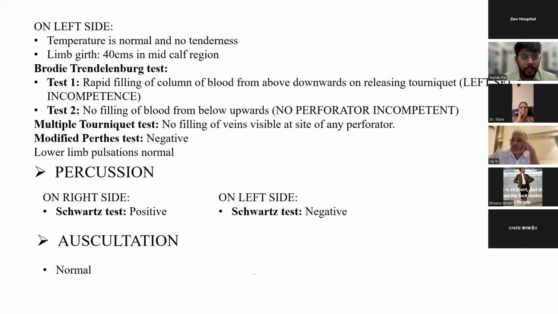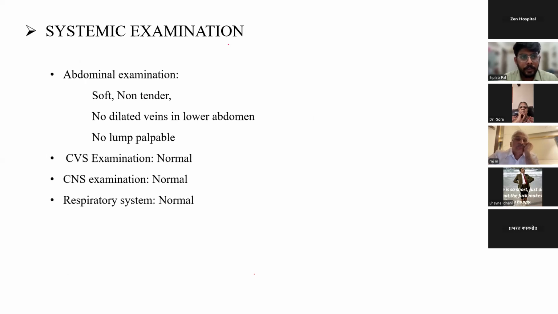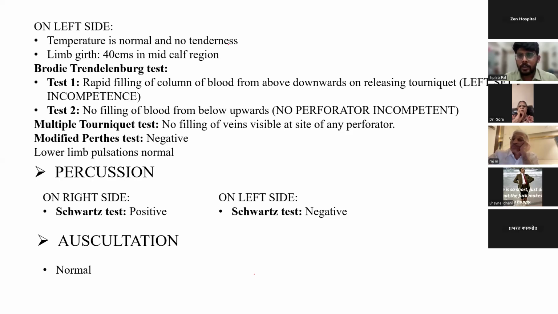On percussion, on the right side, Schwartz test is positive and on auscultation, no bruit heard. So what does the Schwartz test tell you if you get it positive? There is a dilated vein and a column of blood, stasis of blood in that dilated vein.